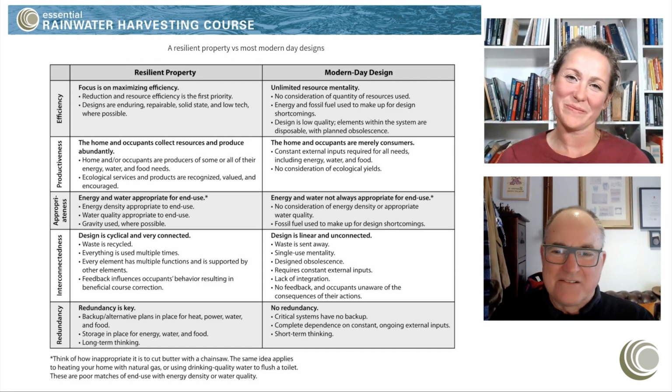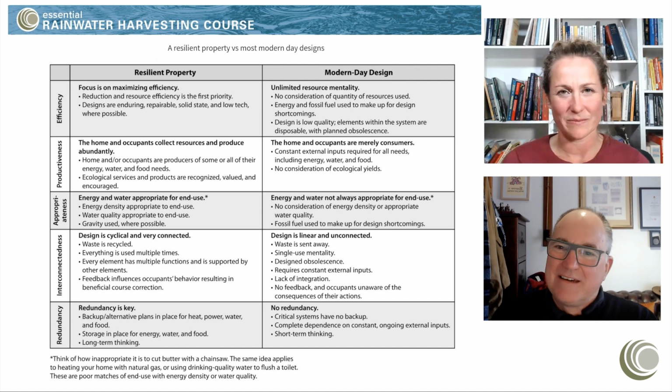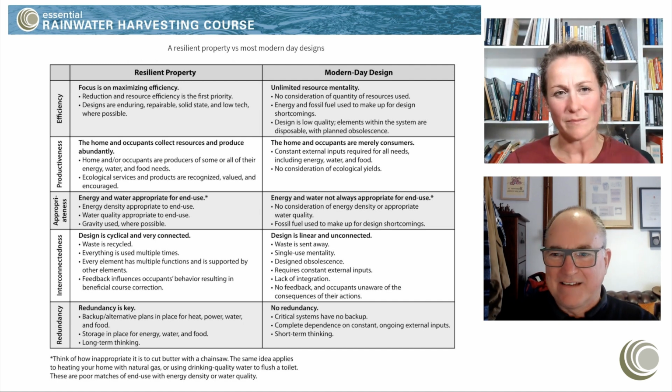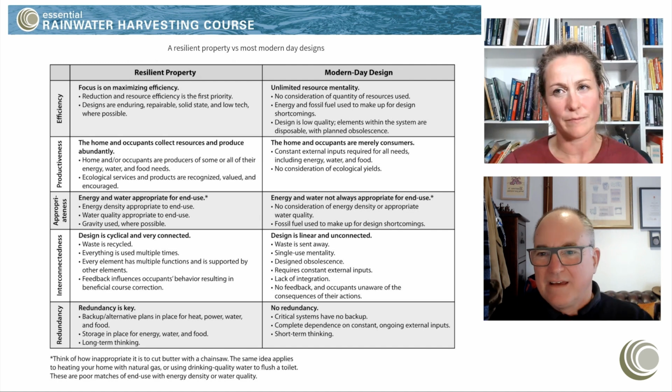Using the right resource in the right place for the purpose that you intend, appropriateness, is probably a key issue in the resilience discussion. Using local water because it's available, rather than having it run off your property and maybe do damage to someone else's property, and only using some of it rather than all of it.